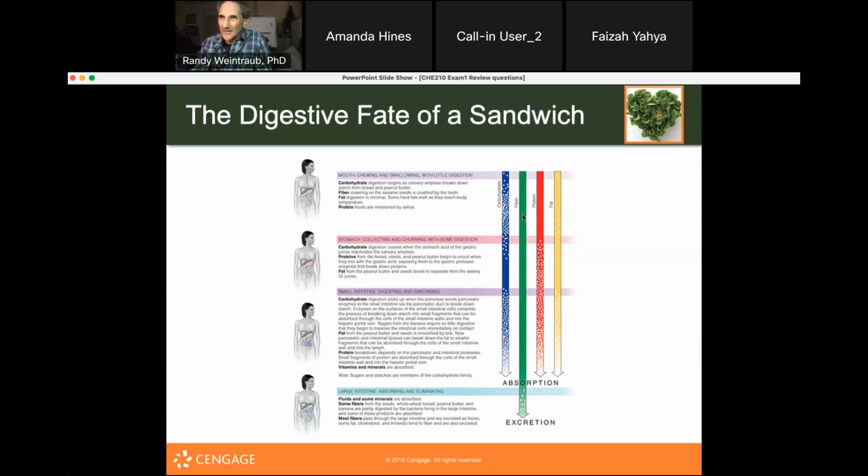It's a really nice one to spend some time studying. And it mentions the macronutrients, which we've learned about, and vitamins, and where things are absorbed, and some of what happens at the various parts of digestion.